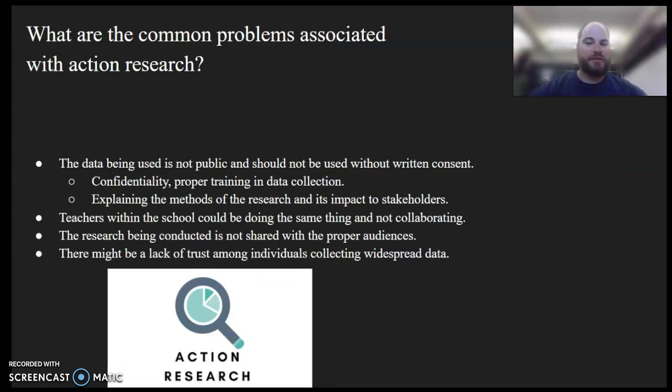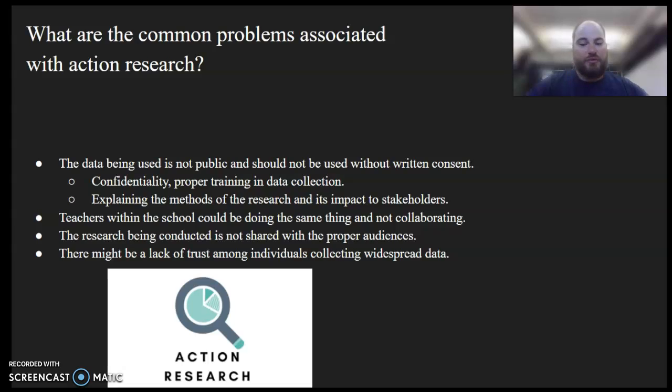The common problems that are associated with action research is that the data being used is not public and should not be used without written consent. You have to make sure that we're following confidentiality, proper training for the data collection that we see. We also need to explain the methods of the research and the impact that it has to the stakeholders that it's going to affect.